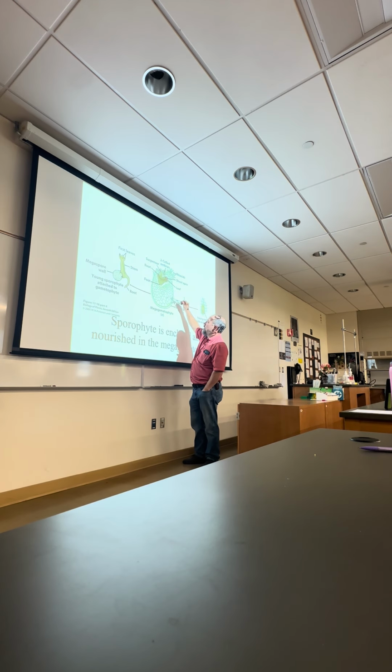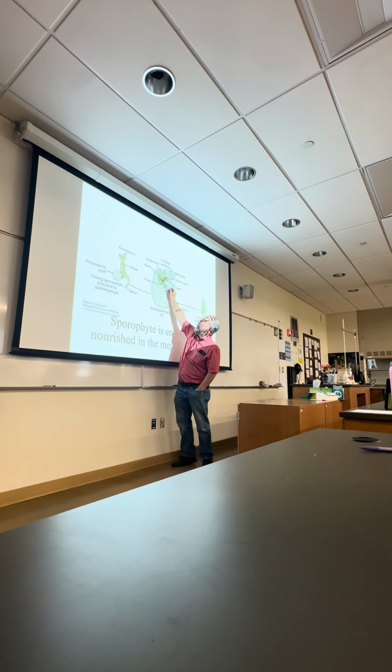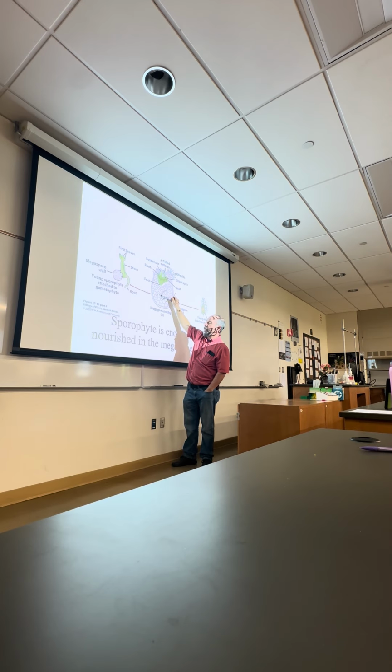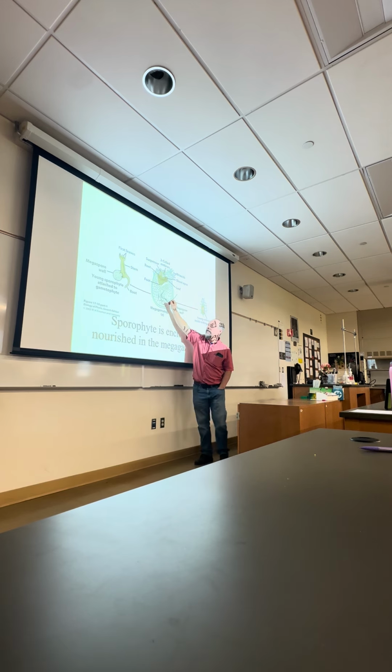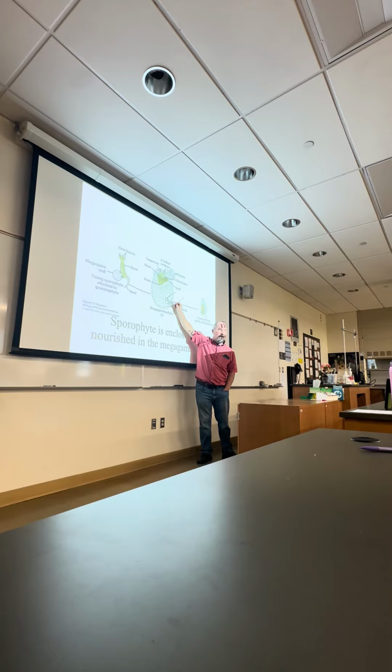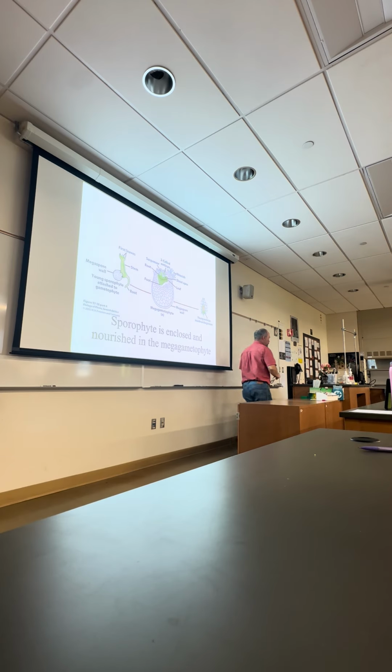Here's the megagametophyte. There is your embryo. It has to grow immediately, and it is nourished initially by the megagametophyte. Remember how seeds have a nourishing part? That nourishing part is going to be the remains of the megaspore.